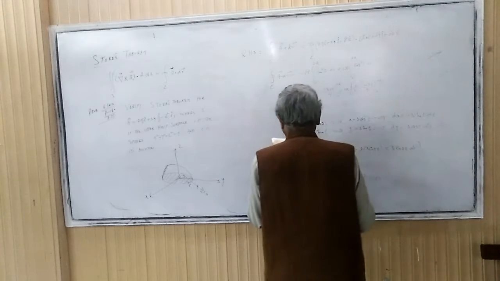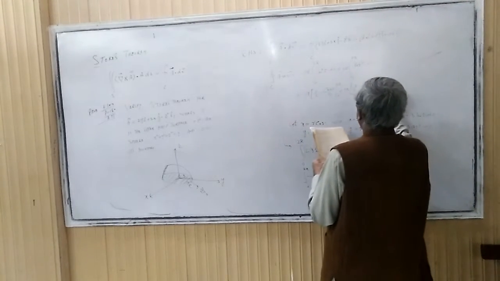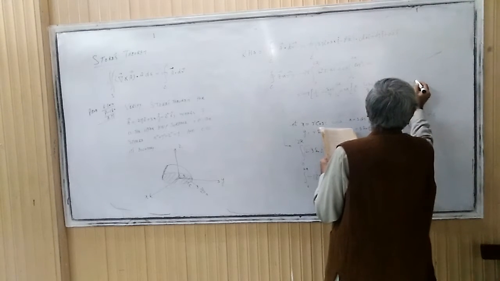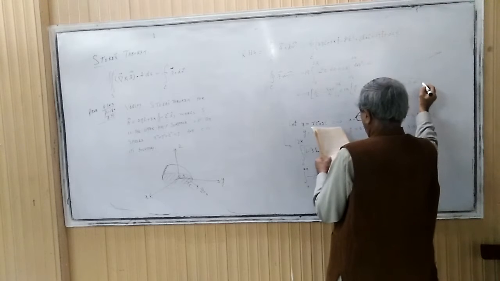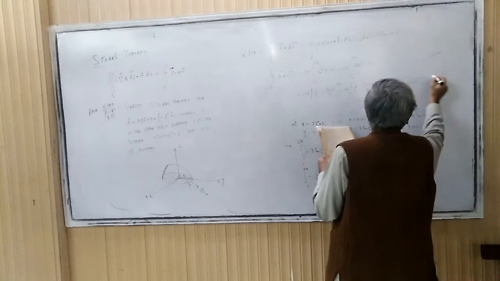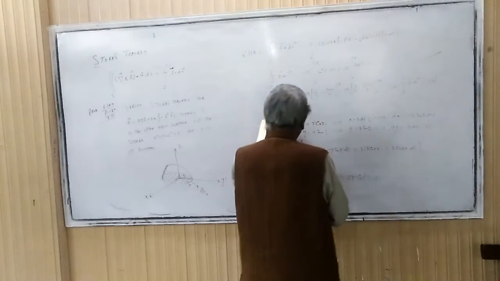If you substitute the limit, your answer will be that the closed integral of A dot dr is equal to 9 pi. Remaining thing, you will complete it.